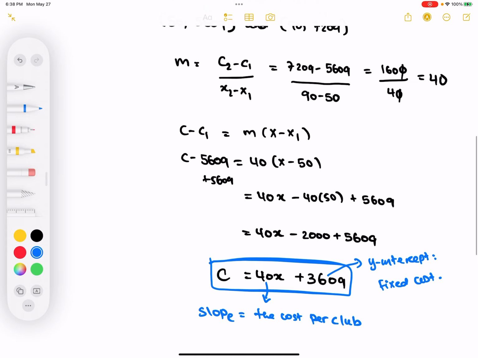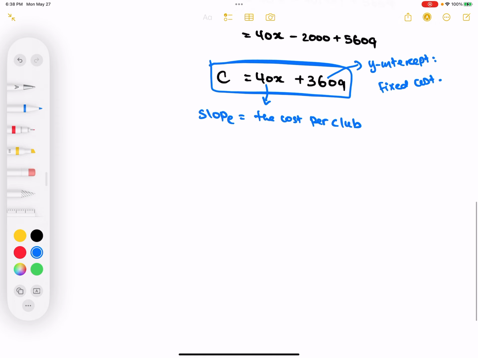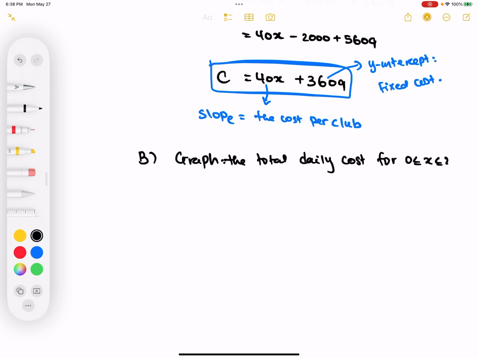Now the second one is, let's do the graph. Graph is important. Part B, graph the total daily cost for, let's say, 0 less than x less than 200.